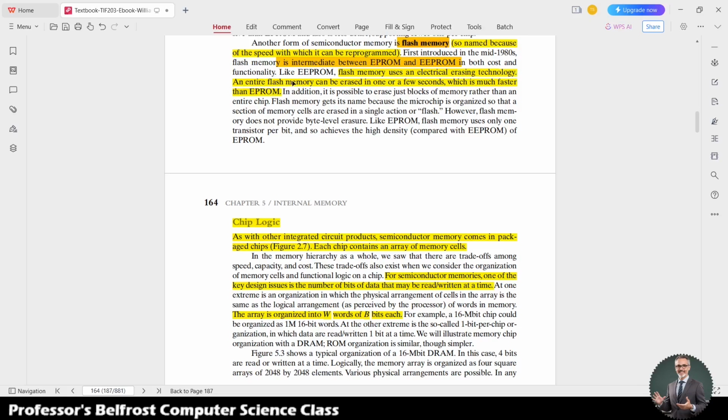The entire flash memory can be erased in one or a few seconds, which is much faster than EPROM. It is possible to erase just blocks of memory rather than an entire chip. However, flash memory does not provide byte-level erasure. Flash memory uses only one transistor per bit, and so achieves the high density of EPROM.